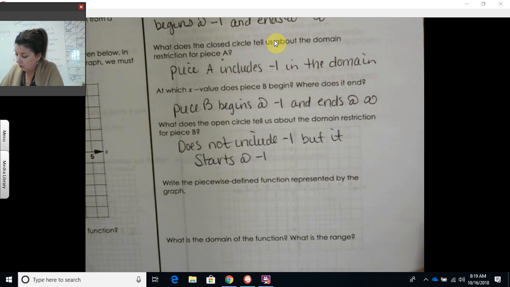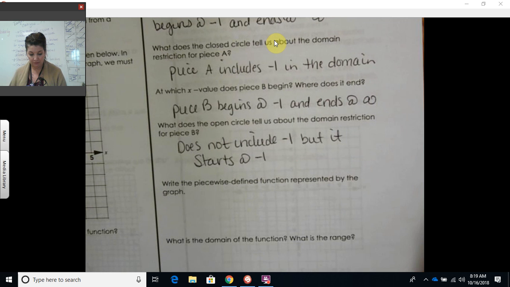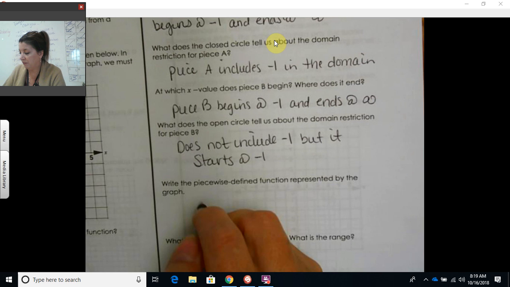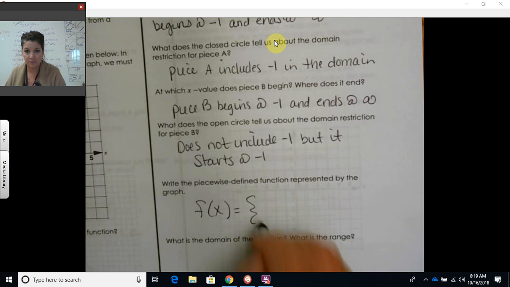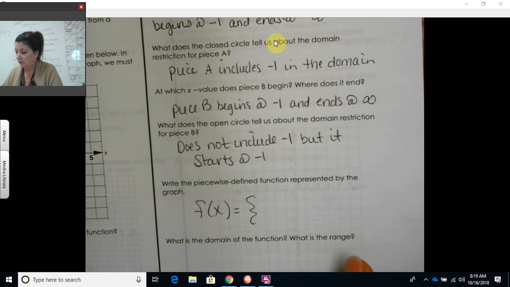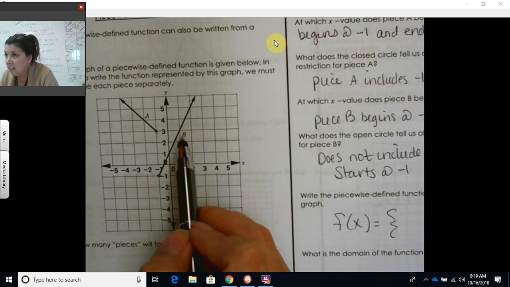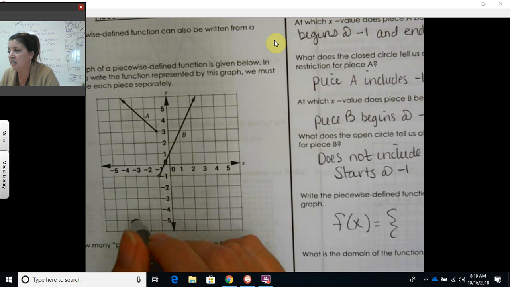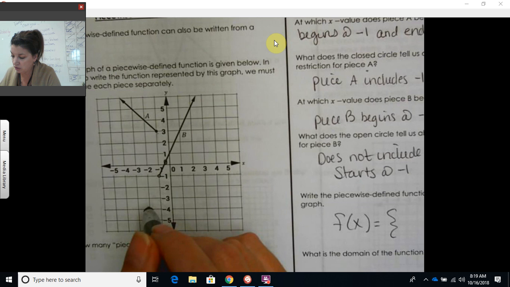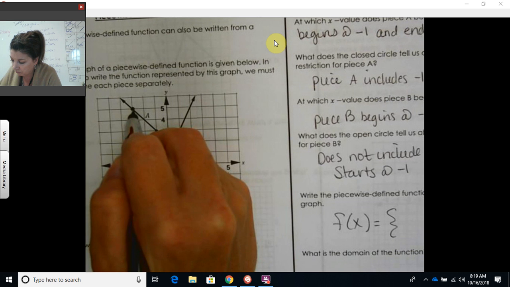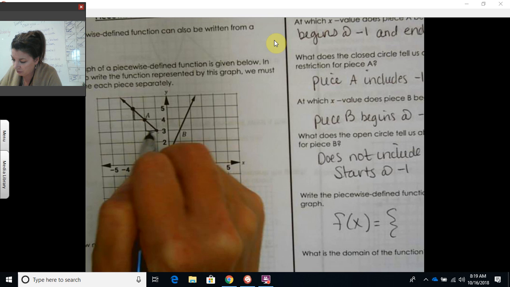Write the piecewise defined function represented by the graph. Okay. So we know it's like f of x equals, in a bracket, right? Let's look at interval A. When we have a line, to write the equation in slope-intercept form, y equals mx plus b, we need to know the slope and the y-intercept, correct? First of all, what would the slope be for this line? You have a rise of 1, a run of 1, and is it positive?